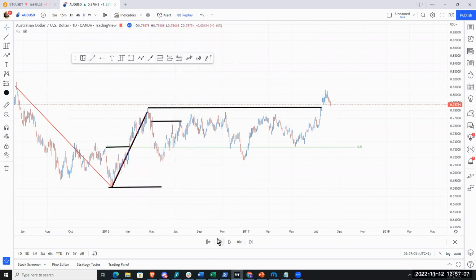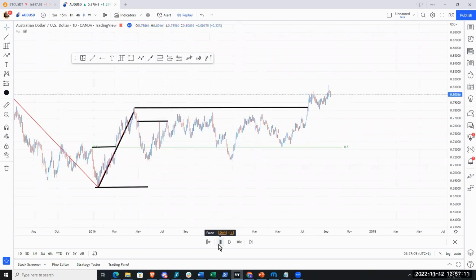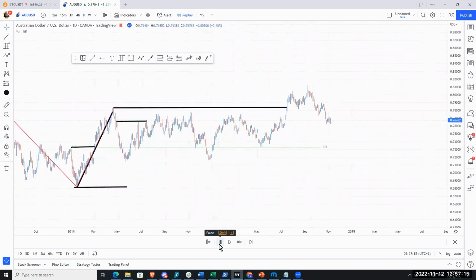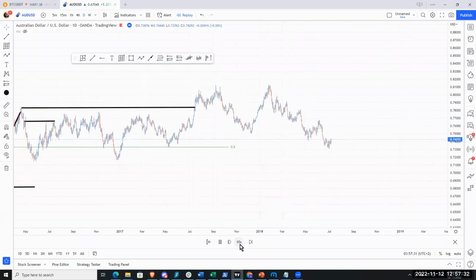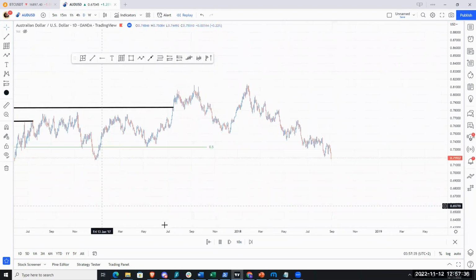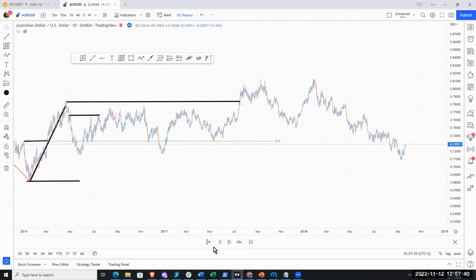So let's continue. What's happened? Okay, the market is coming into the below-50% zone now, so we should stop and work out where we need to buy.